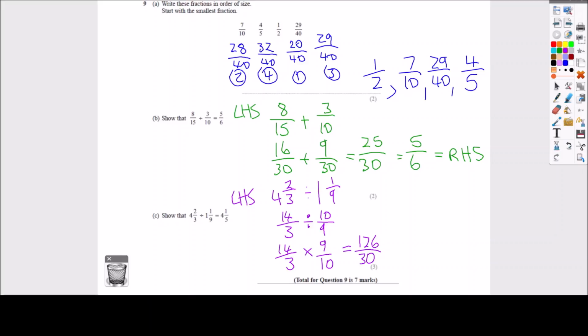Now, both of these are divisible by 6. It wouldn't matter if you got there slowly, you divided by 2 and then by 3. But if you divide top and bottom by 6, we get 21 over 5. And converting that into a mixed number, that is 4 and 1/5, which is what we had to get to. That is our right-hand side.